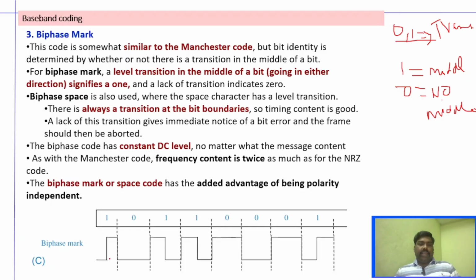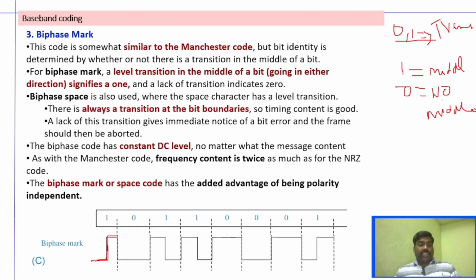Now coming to the data, 1 0 1 1 0 0 0 1. How will I draw that? For the first 1, you start from here, there is a transition in the beginning, and there is a transition in the middle of the bit, and it ends here.